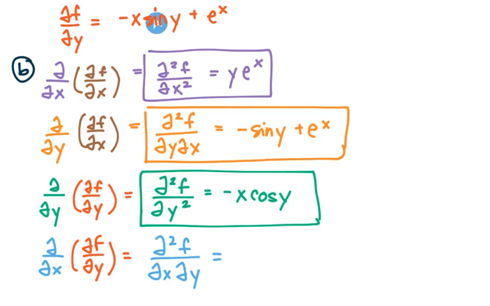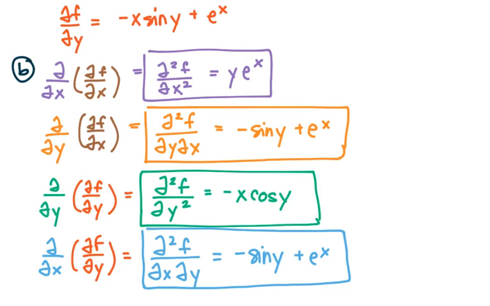So if y is a constant, sine of y is a constant. So negative sine y is the coefficient on x. Differentiating that, we're just going to get negative sine y. E to the x, the derivative of e to the x would be e to the x. And so there are my 4 different second derivatives.